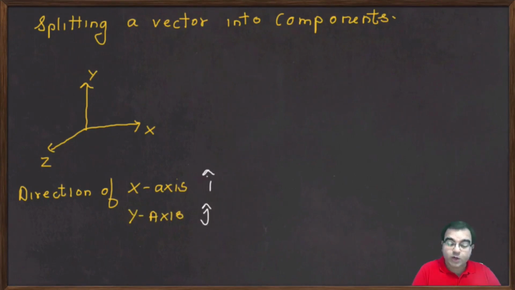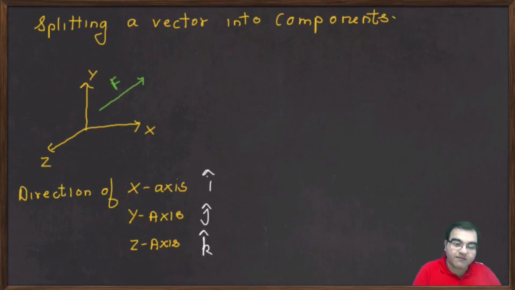Similarly, the direction of the y-axis is given by a unit vector called j cap, and the direction of the z-axis is given by a unit vector called k cap. So to denote the direction of the x-axis you use i cap, y-axis you use j cap, z-axis you use k cap. Let's say you have a force like this. Now you want to split this force into components.